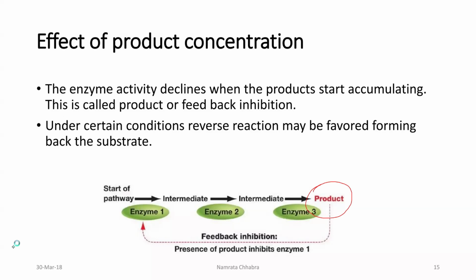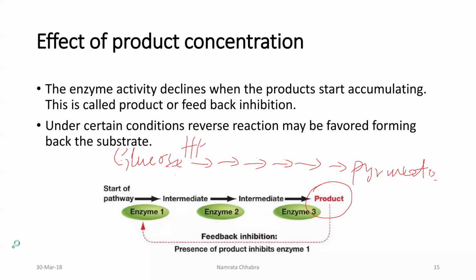For example, in glycolysis, we have glucose, and the glucose is converted through a series of about 10 reactions. Pyruvate is generated, and of course the first enzyme for glycolysis is hexokinase.